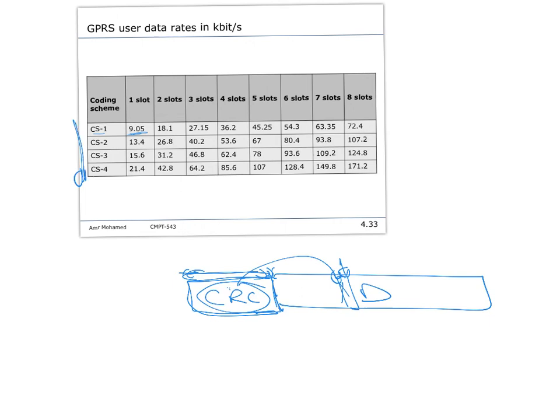So by going this way, you reduce the size of the redundant bits, which means that you can increase the data bits, but it's risky because you don't have any error correction. For example here, CS4 has no error correction whatsoever.